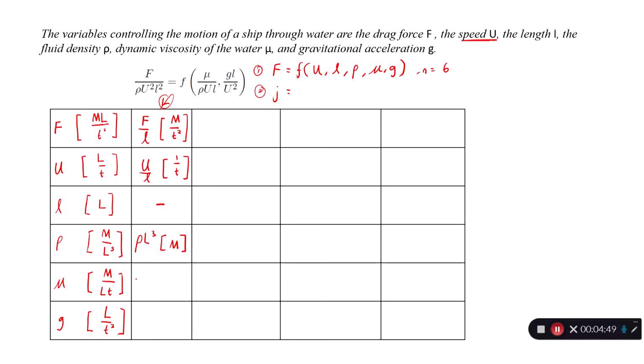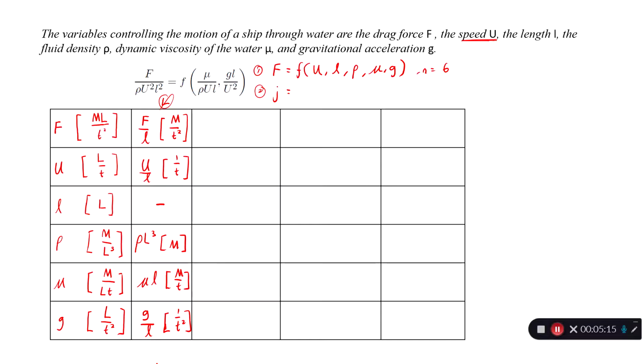This will be mass, and this is mu L, m over t, and this will be g. We're getting rid of L, so divide by L, 1 over t square.